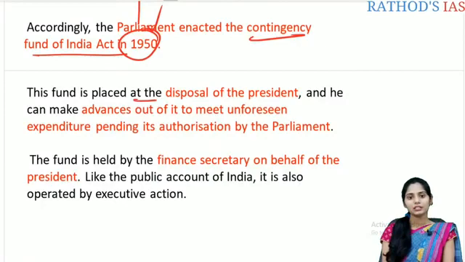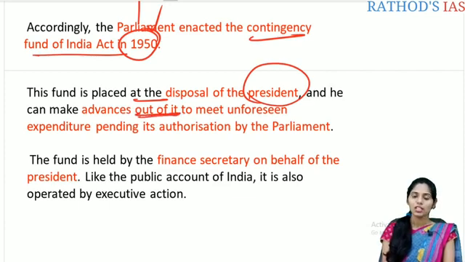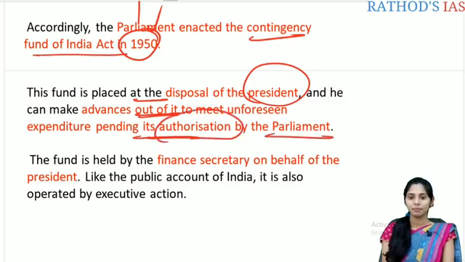This fund is placed at the disposal of the President, and advances can be made out of it mainly to meet unforeseen expenditure pending its authorization by the Parliament. So whenever we want to meet unforeseen expenditure and the authorization has not yet been passed by the Parliament, the money can be withdrawn from this Contingency Fund.